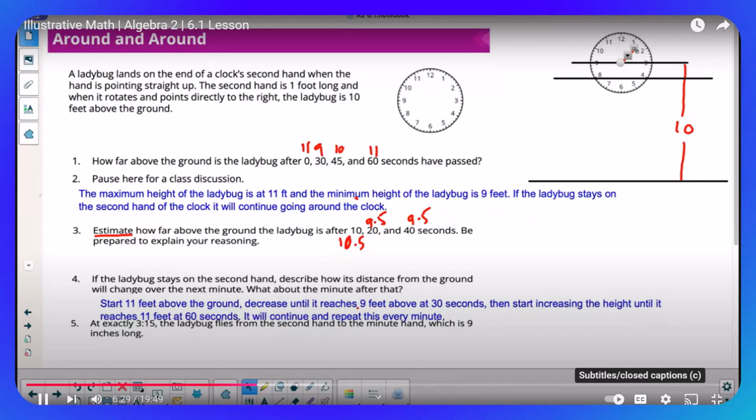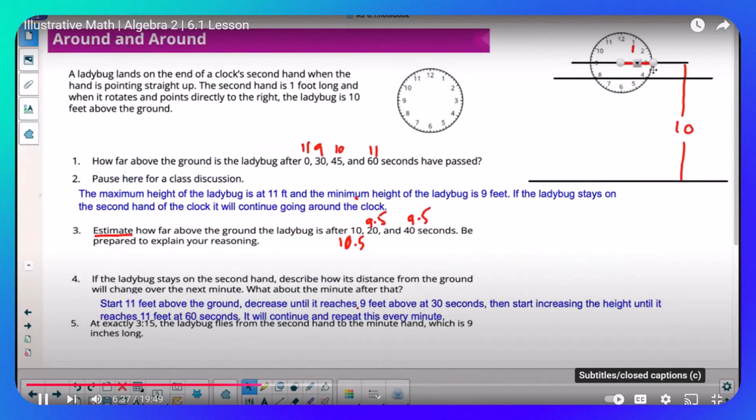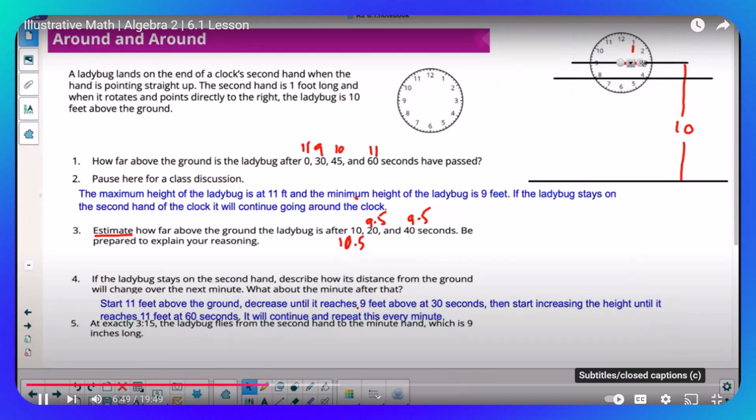So the minute hand is right here. Well, if the minute hand is 9 inches long, it's kind of the same height as the second hand. It's not quite as long here. Maybe I'll shrink it down. The second hand's a little bit longer than the minute hand.